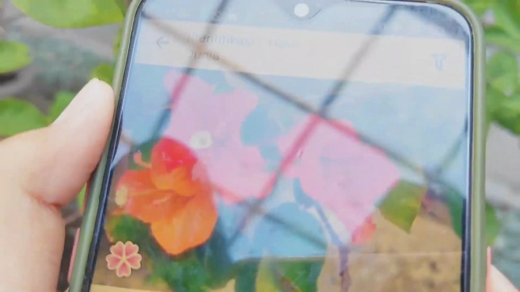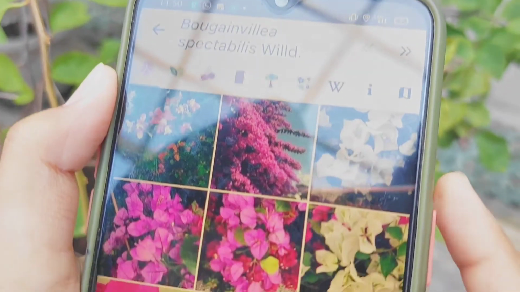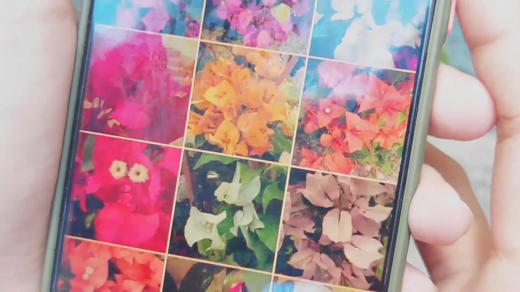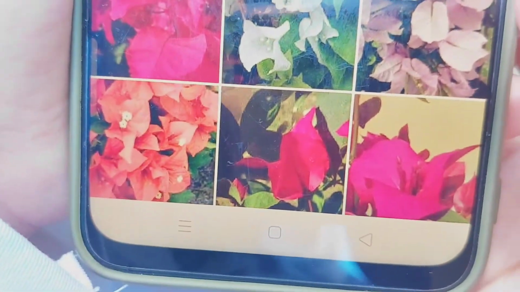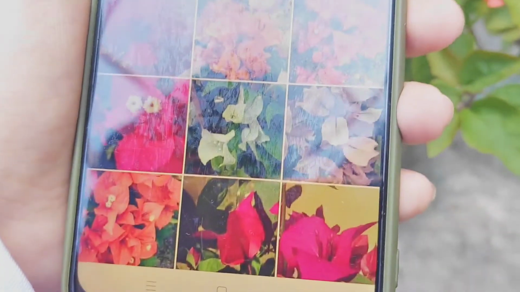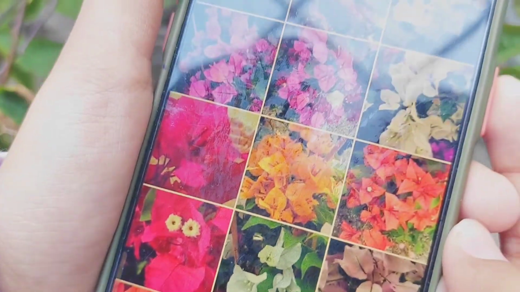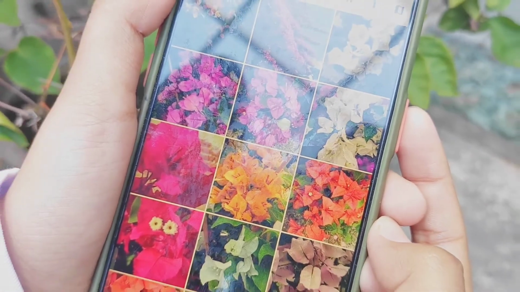Okay, now we can see. Wow, so many kinds of this plant. Although this plant has a different color, the scientific name is the same. This is Bougainvillea spectabilis white.